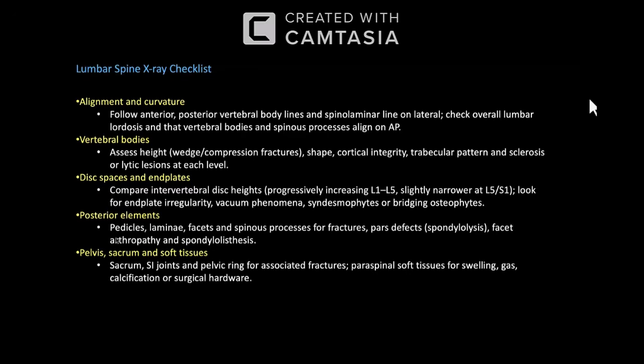All this has to be checked. And posterior elements, if there are any fractures involving pedicles, lamina, facets, spinous process, pars defects, spondyloarthropathies, and listhesis. And pelvis, sacrum, and soft tissues should also be assessed while looking at the lumbar spine radiograph.